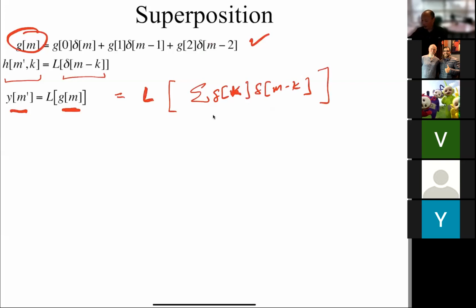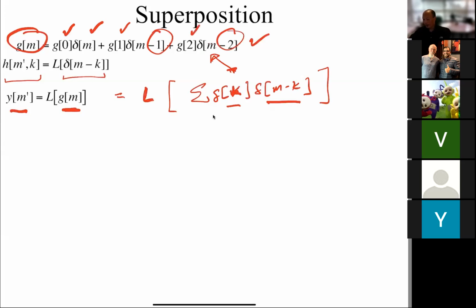Okay, so that's just this written in summation notation, right? I have a g of k times a delta function shifted by k. So that's g of 0, there's a shift of 0 here. g of 1 shifted by 1. g of 2 shifted by 2.